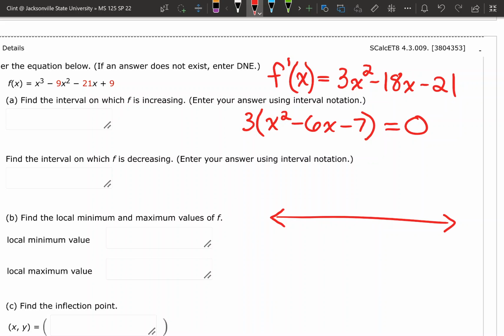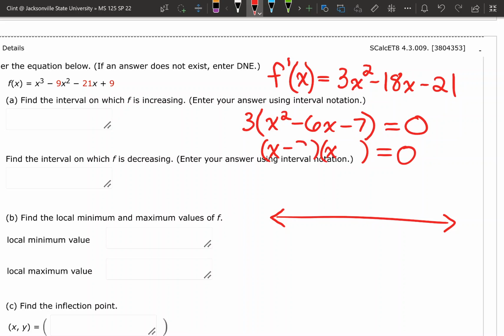And you could do quadratic formula. This one's not bad to factor. So I'll divide both sides by 3, I'll get rid of the 3. And then we need factors of -7 so that when we add them up, we get -6.